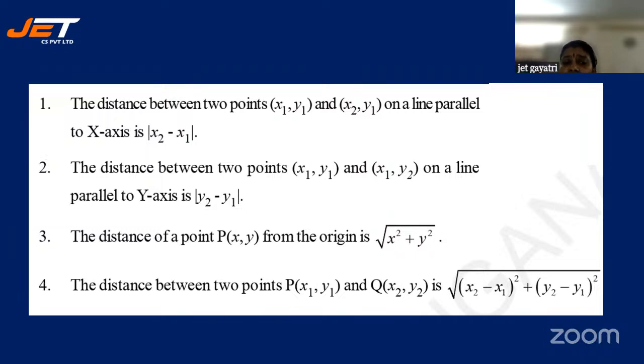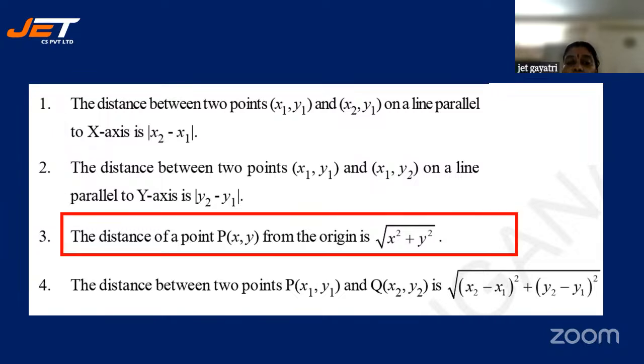All right, next, the distance of a point P of x comma y from the origin is root of x square plus y square. Right, and the very popular distance formula between 2 points P of x1, y1, x2, y2 is root of x2 minus x1 the whole square plus y2 minus y1 the whole square.